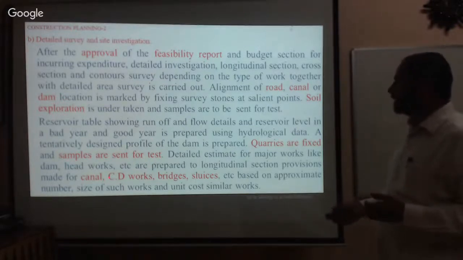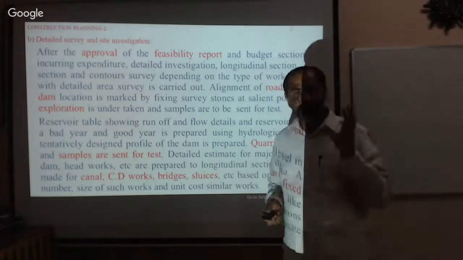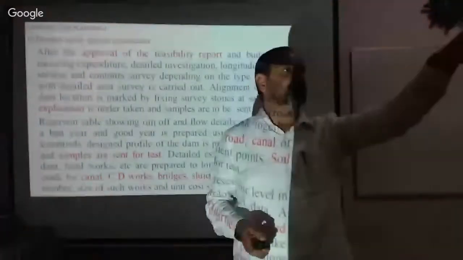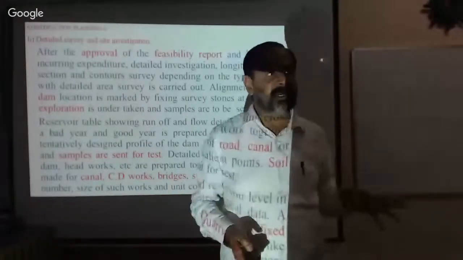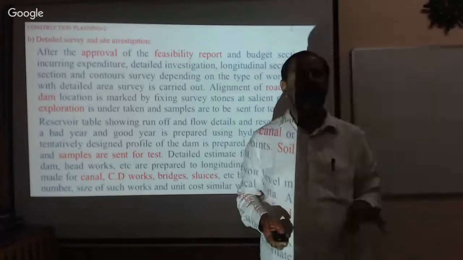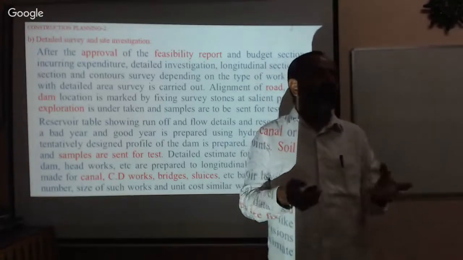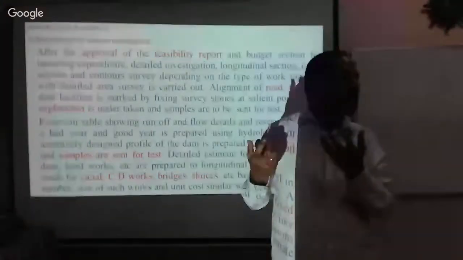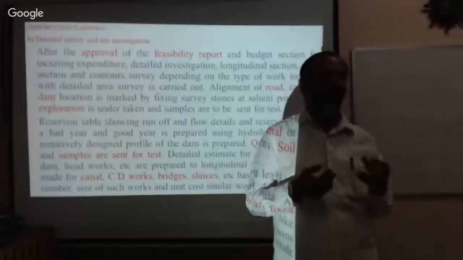All these things: canal, CD works, bridges. You also have to assess the material available nearby, around you, isn't it? You have to assess it, and the technology available at the site, isn't it? We can't bring machines from America or Switzerland or Australia for a small project.